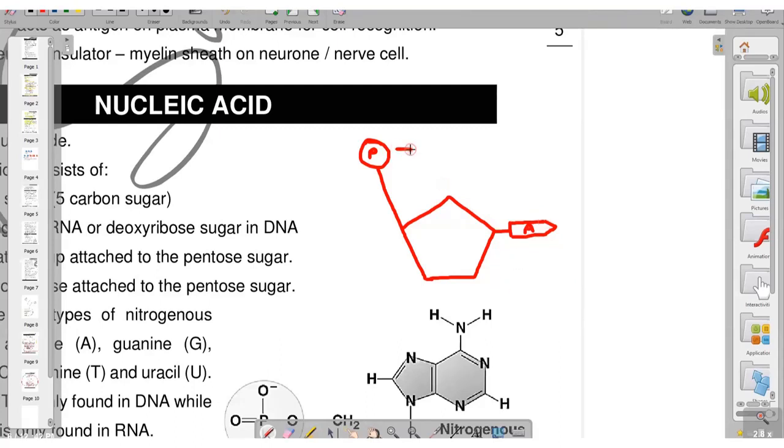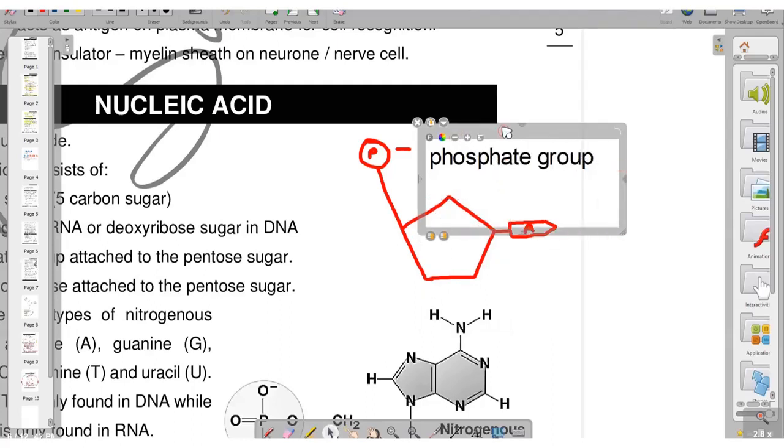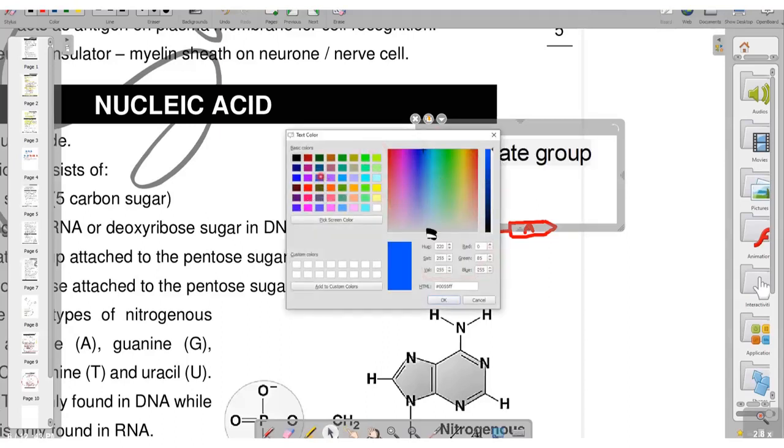You should be able to label this diagram. Okay, you should be able to label this as the phosphate group. Whatever I'm adding here, you can also add into your notes. So I maybe make it a blue color, for example.